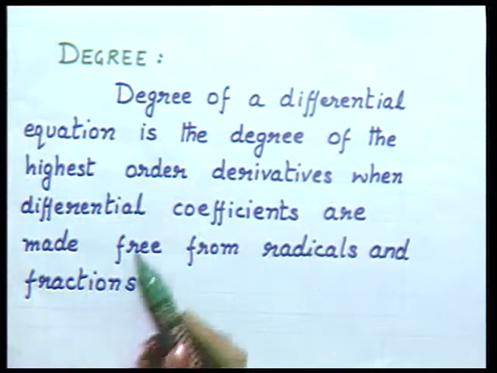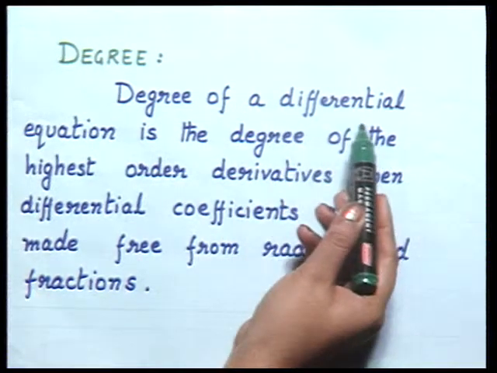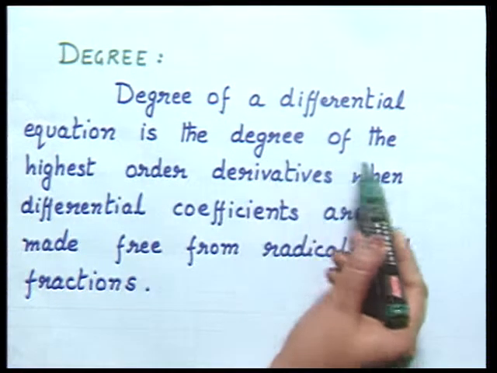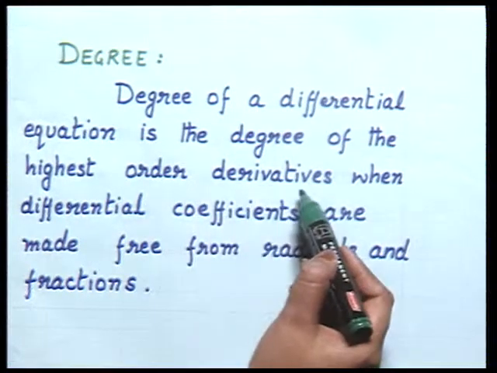The second concept, that is the second way the classification is done, is a more careful one to be observed and learned, and that is what we call the degree of a differential equation. So what is the degree of an equation? Take a look. Degree of a differential equation is the degree of the highest order derivative.